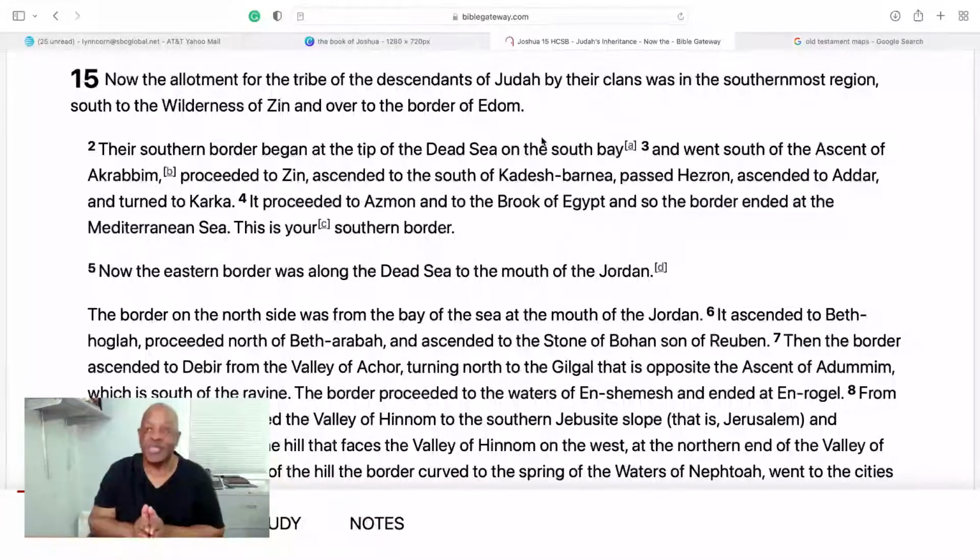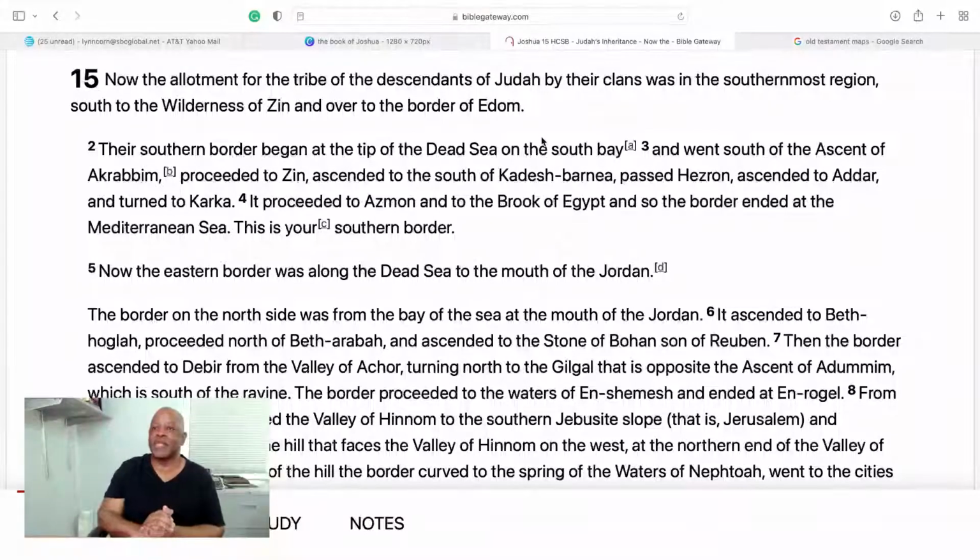For that purpose, I'm only going to skim through because we have some detailed descriptions of the borders of the different tribes. If you want to be meticulous, there's a Bible map, as you can see, this was on Google. There are several maps you can study.